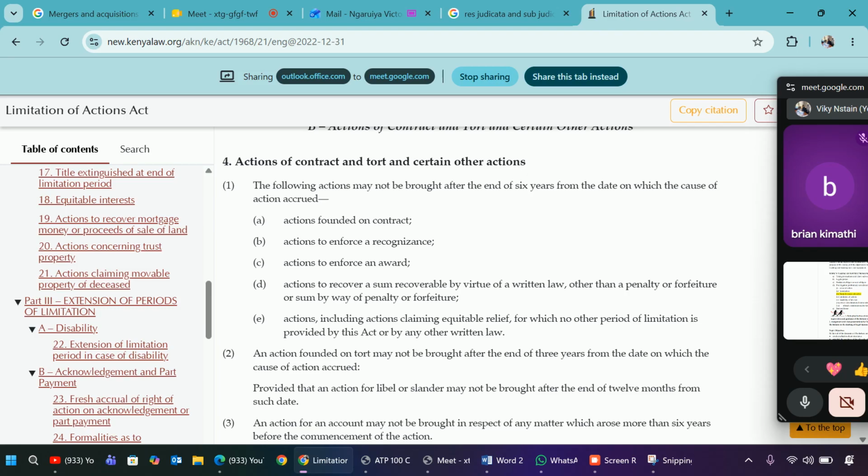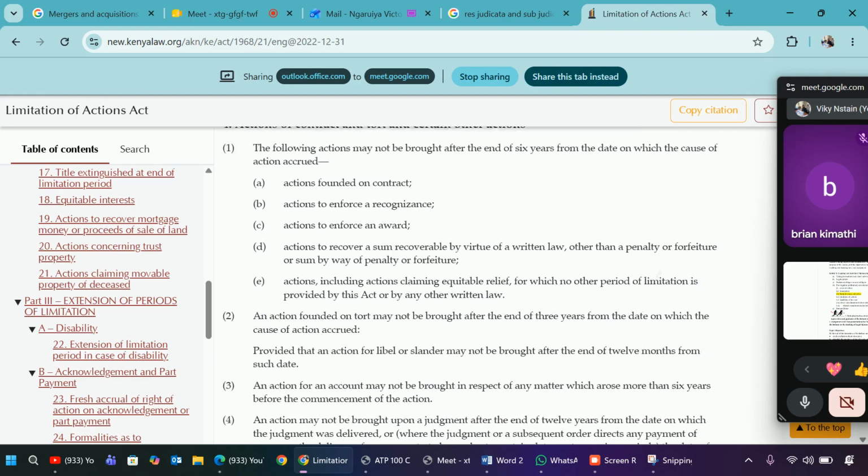Okay, so key takeaways: contracts, you can't bring after the end of 6 years. And then another key takeaway, when it comes to torts, you can't bring a tort after the end of 3 years. And for libel and slander, you cannot bring them after the end of 12 months.